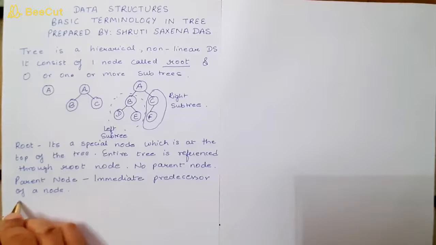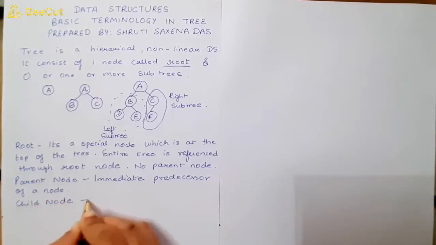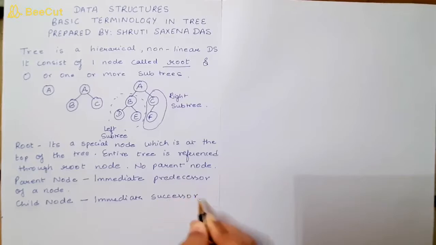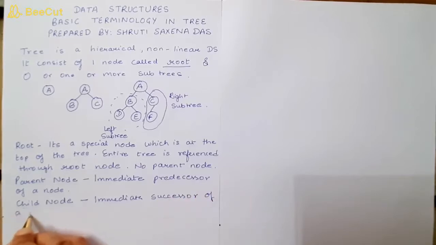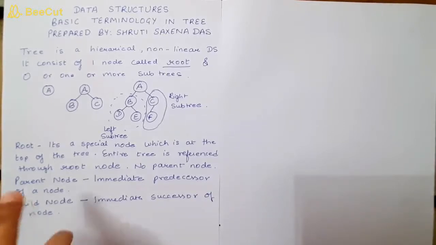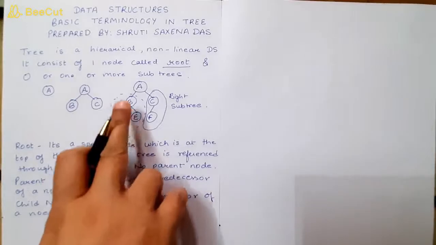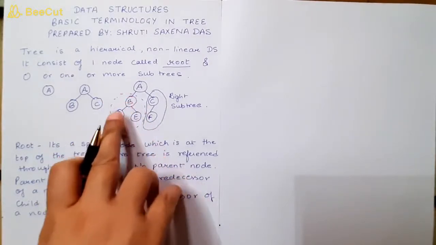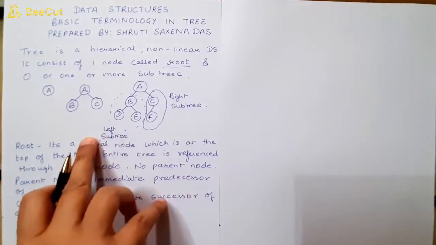Similarly, what is a child node? The immediate successor of a particular node is known as its child node. So parent node means immediate predecessor, and child node means immediate successor. Here, D is the child of B. For D, the predecessor is B and the successor is nothing.